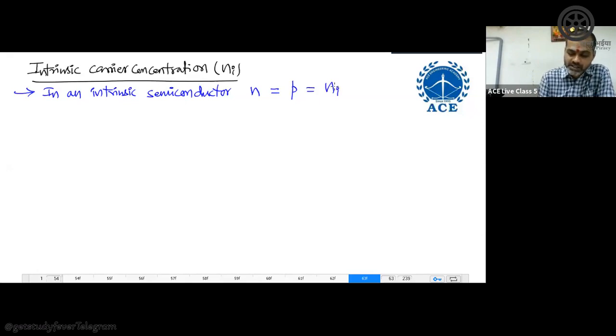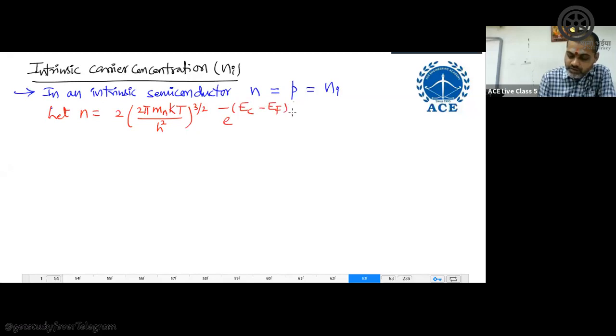Let us consider N is equal to 2 times (2 pi Mn kT divided by h square) whole power 3 by 2 into e power minus (Ec minus Ef) divided by kT.